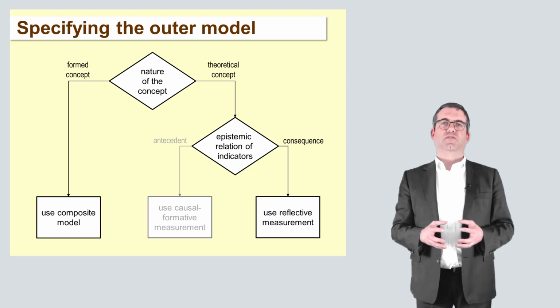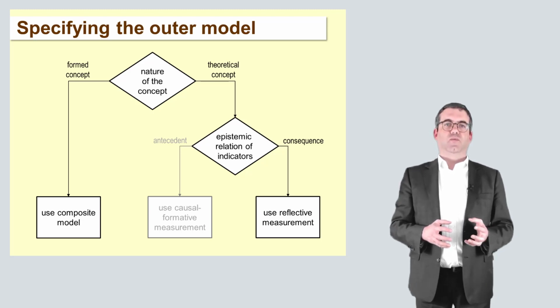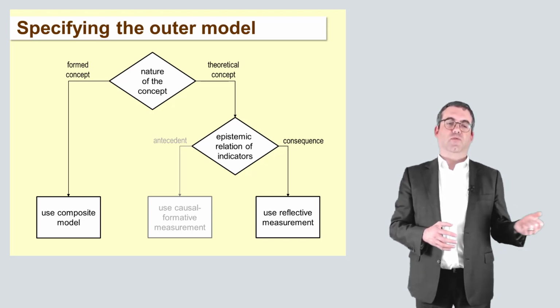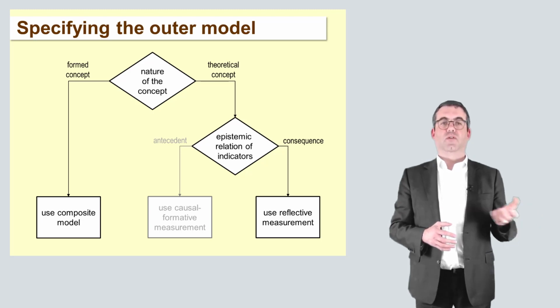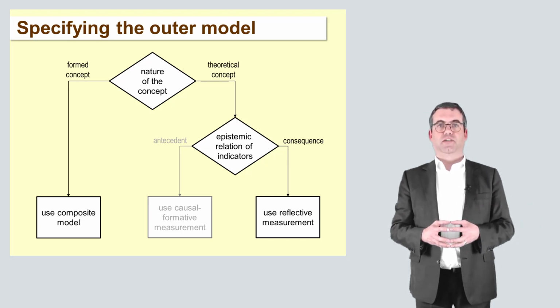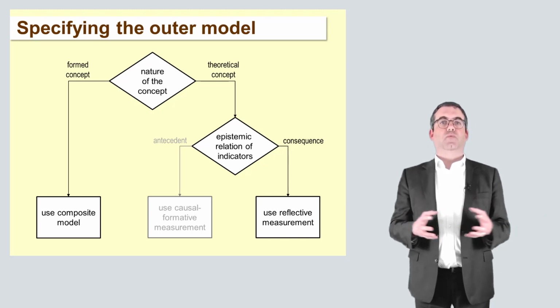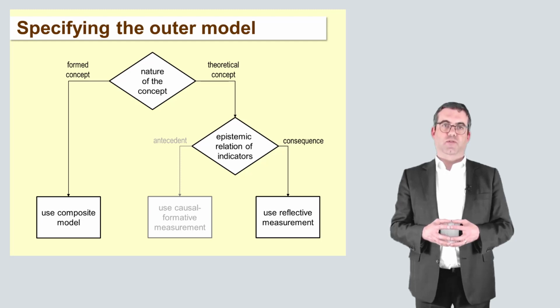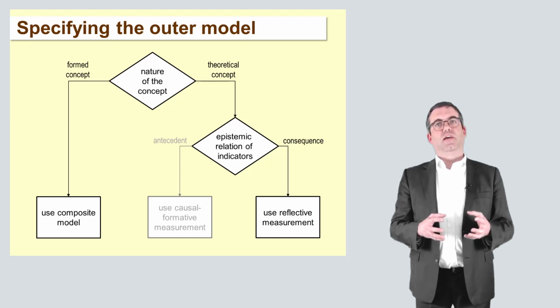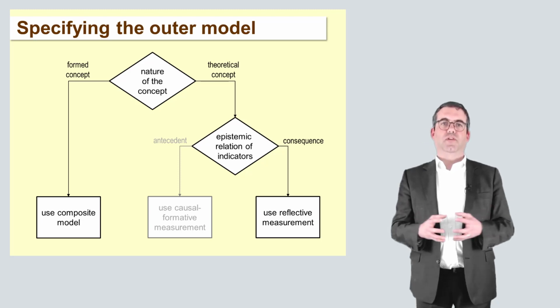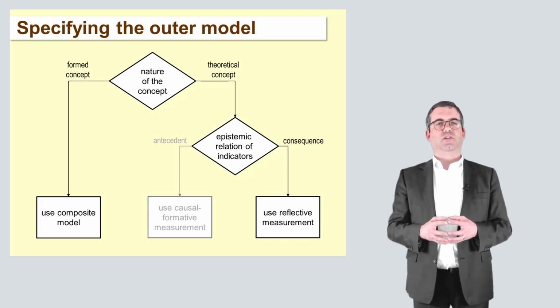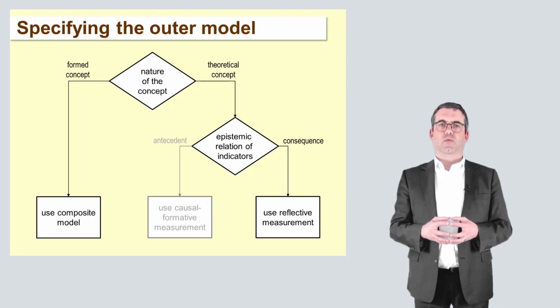Actually, specifying the outer model means that for each construct we need to specify an outer model. We need to decide whether as auxiliary theory, synthesis theory, or measurement theory is applied. If synthesis theory is applied because we have a formed or forged concept, then we would use a composite model in our structural equation model. In contrast, if measurement theory was employed, then we need to look at what is the epistemic relation between the indicators and the latent variable.